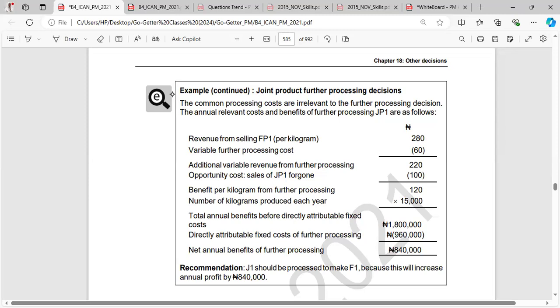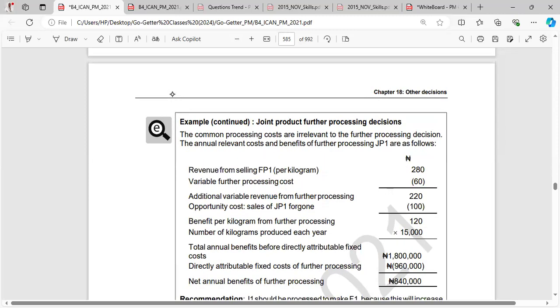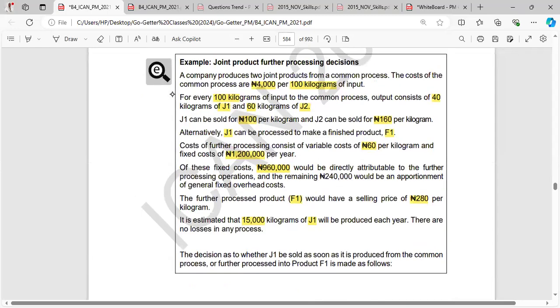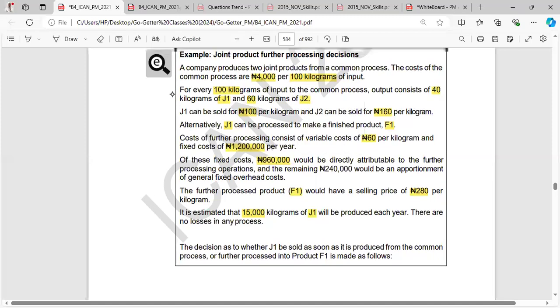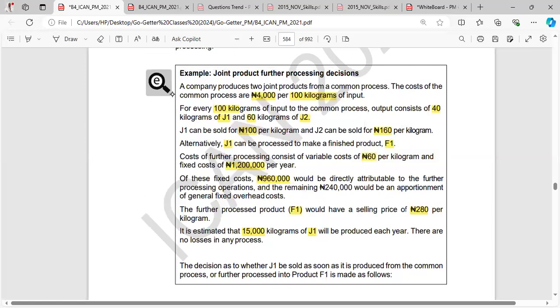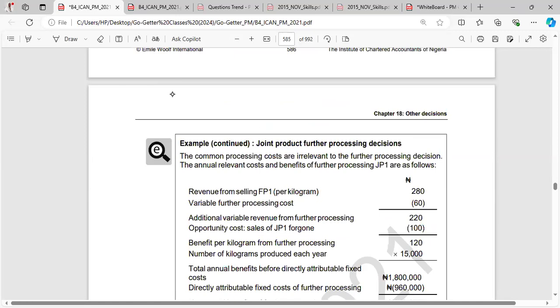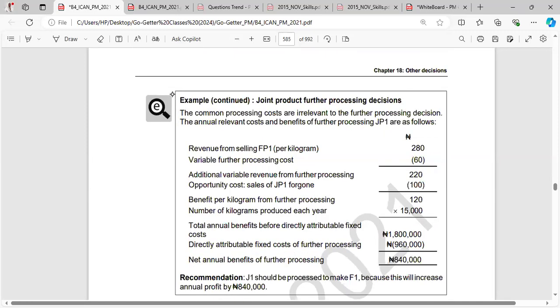But of course, you could have sold J1 immediately for 100 naira. But because you didn't sell this at 100 naira and you are eyeing selling F1 at 280, this 100 naira becomes a lost contribution.